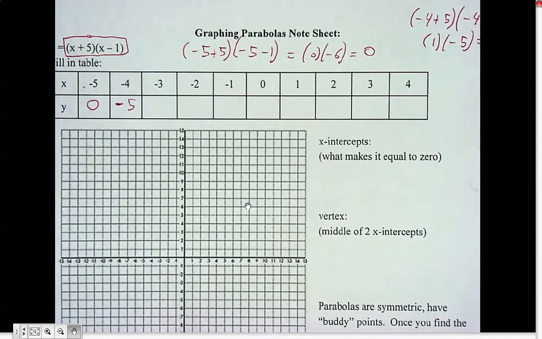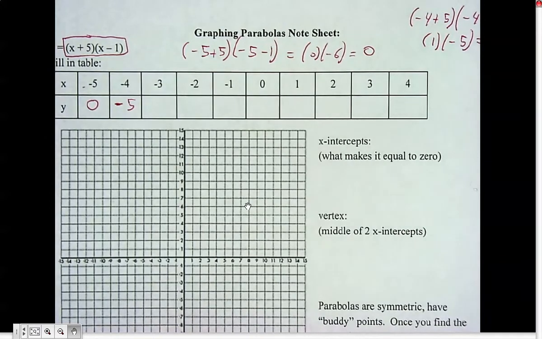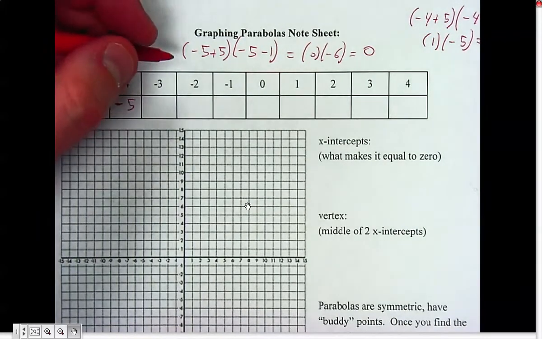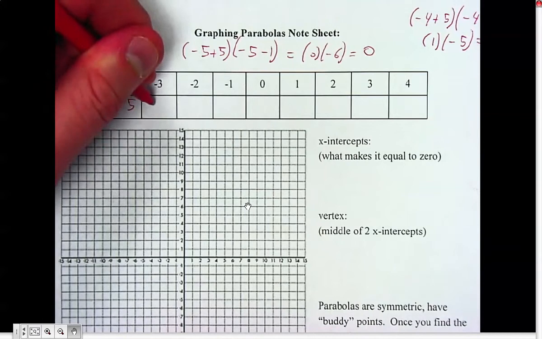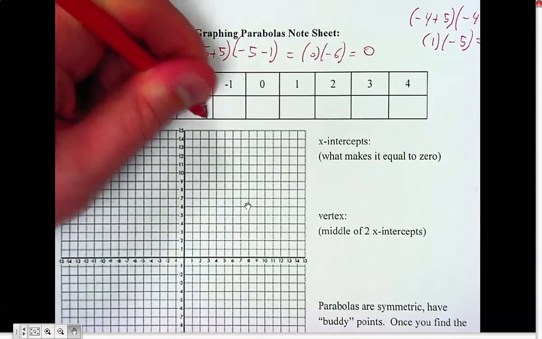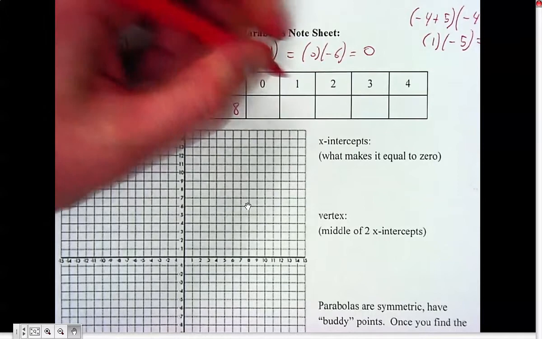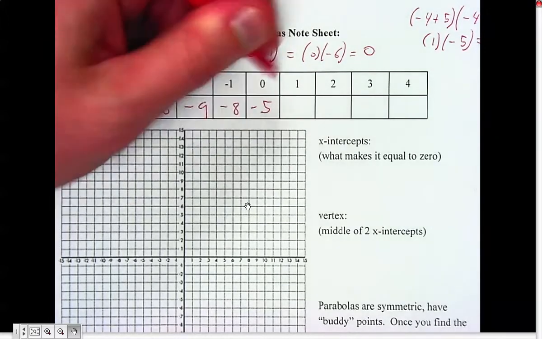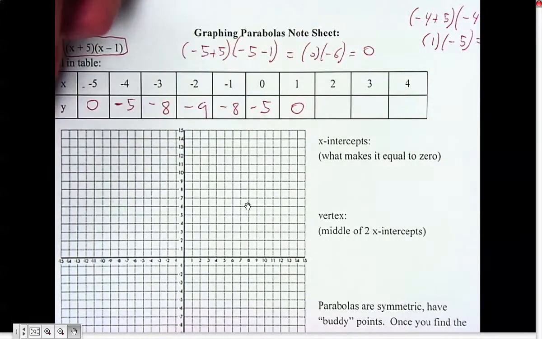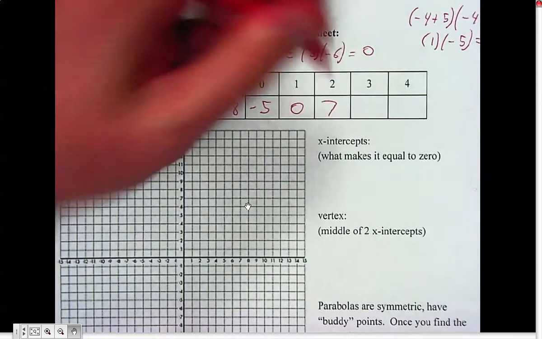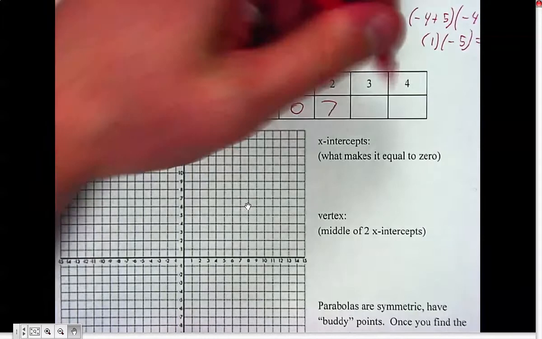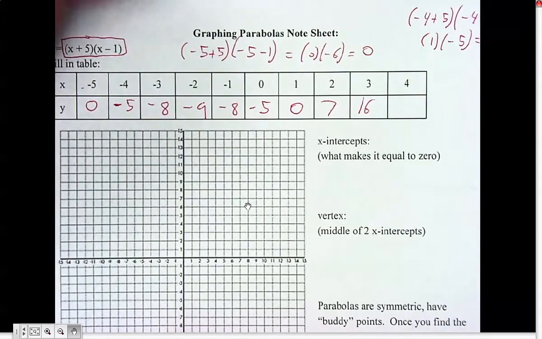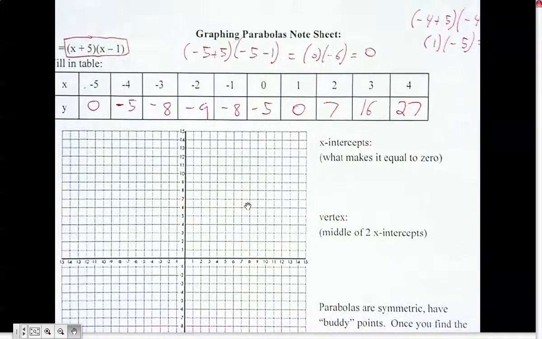Okay, hopefully you had the table filled out now, and so here are the answers. The next one's -8, then -9, then -8, then -5, then 0, and then 7, 16, and 27 for the last one.